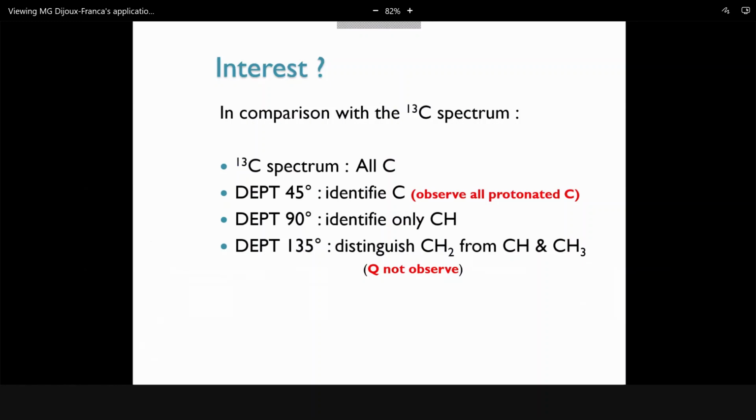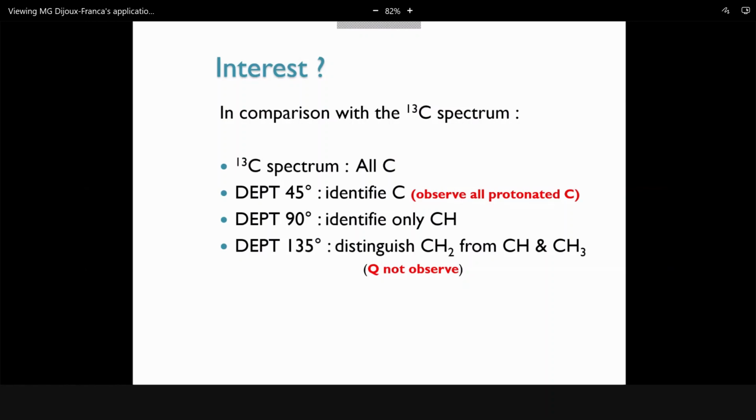So these are the different kinds of experiments and the information we can have. With the decoupled carbon-13, we will see all the carbons. With the DEPT 45, we will identify only the protonated carbons. With the DEPT 90, we will identify the CH.